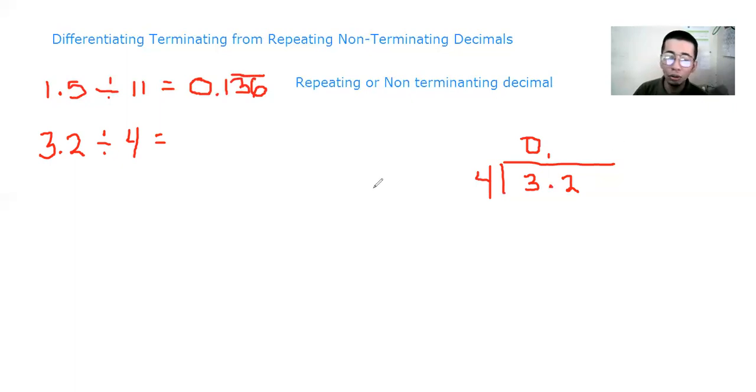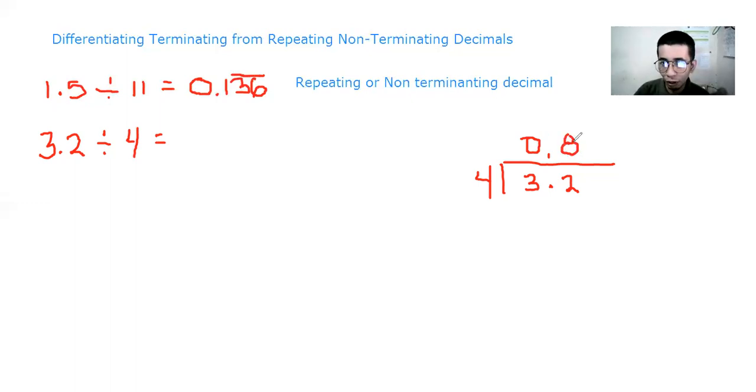Diba? So we have here 32. 32 divided by 4. What is 32 divided by 4? Compute. 8. Very good. So that is 8.